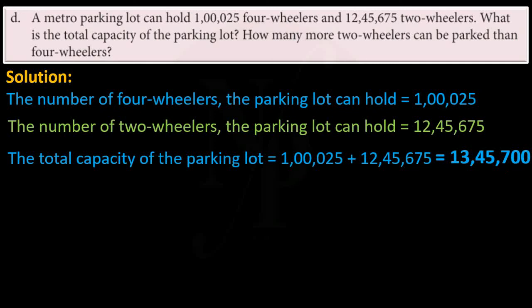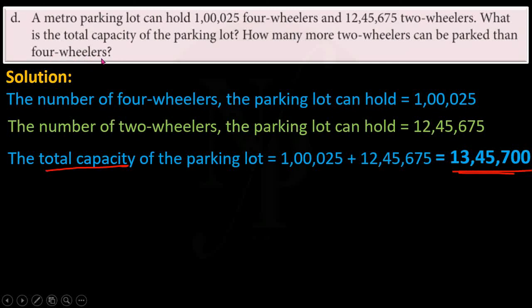Yes, this number 13,45,700 is the total capacity of the parking lot. Isn't it? Yes. We have answered the first question. The total capacity of the parking lot is found to be 13,45,700.